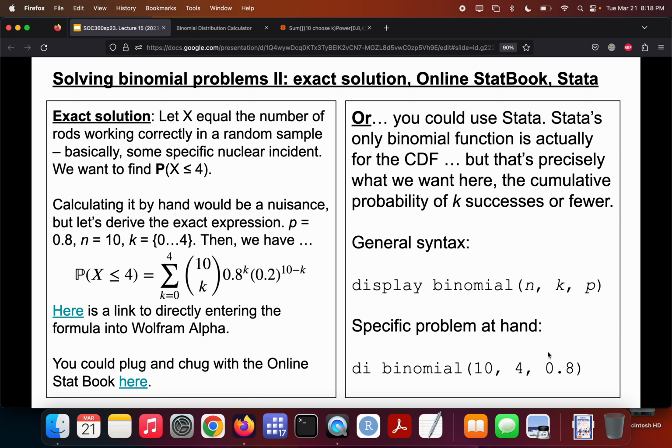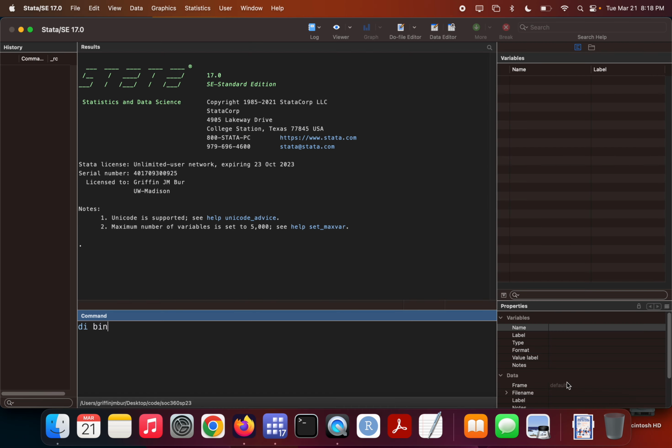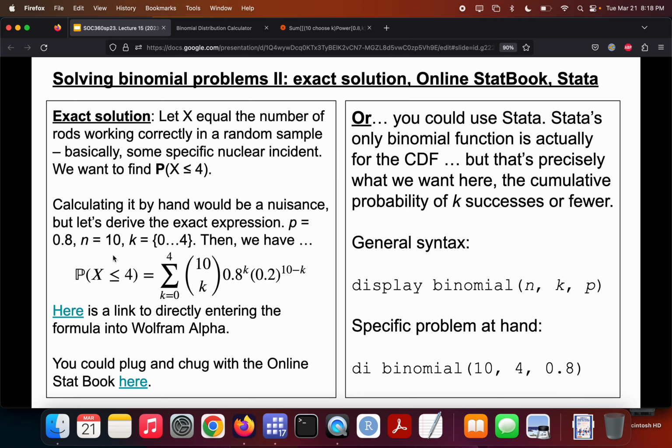And we don't need to write anything in here to indicate that it's cumulative because, remember, Stata's function is the cumulative distribution function. So let's enter that into Stata. We should see the same answer. And we do. Awesome. So this is confirmation that we've calculated this correctly.